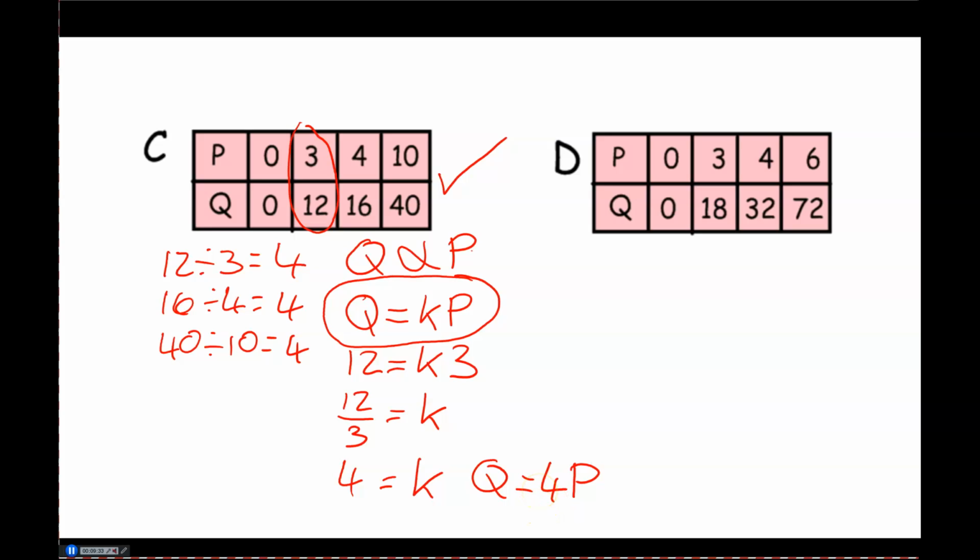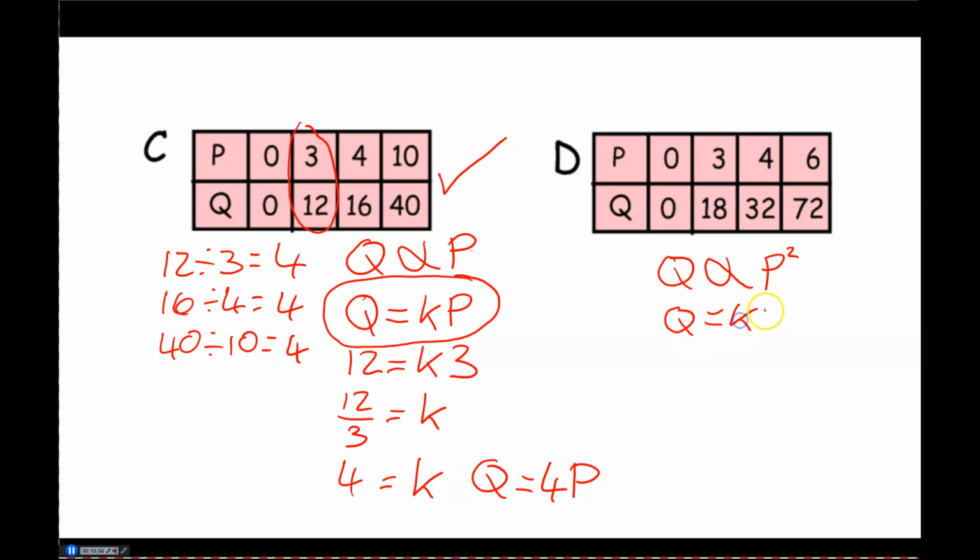Now, this one, did anyone actually see what was going on with this one? They haven't got a common multiple because that's times 6, that's times 8, that's times 12. But what we've actually got in this case, and you will get questions like that, is Q is proportional to the square of P, so P squared. Again, go through exactly the same process.